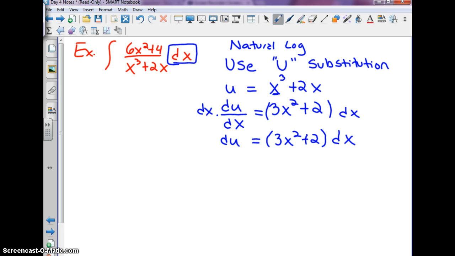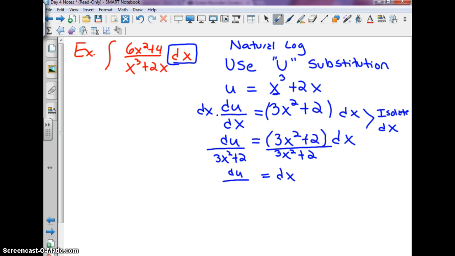So I have dx. That means I want to isolate dx. In order to isolate dx, I'm going to divide by 3x squared plus 2. Okay, so now I can actually substitute du divided by 3x squared plus 2 into dx.